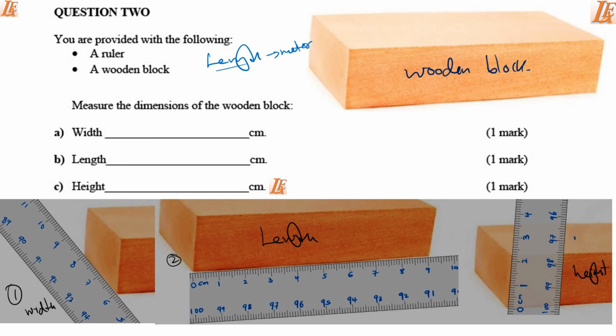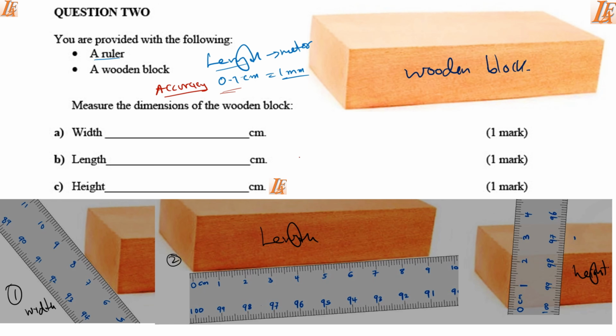In this case, we are using a meter rule, and the accuracy of a meter rule is 0.1 centimeter, which is the same as 1 millimeter. Therefore, if we are required to measure the length, width, and height, and we record in centimeter, then it must have the same number of decimal points as that of the accuracy.